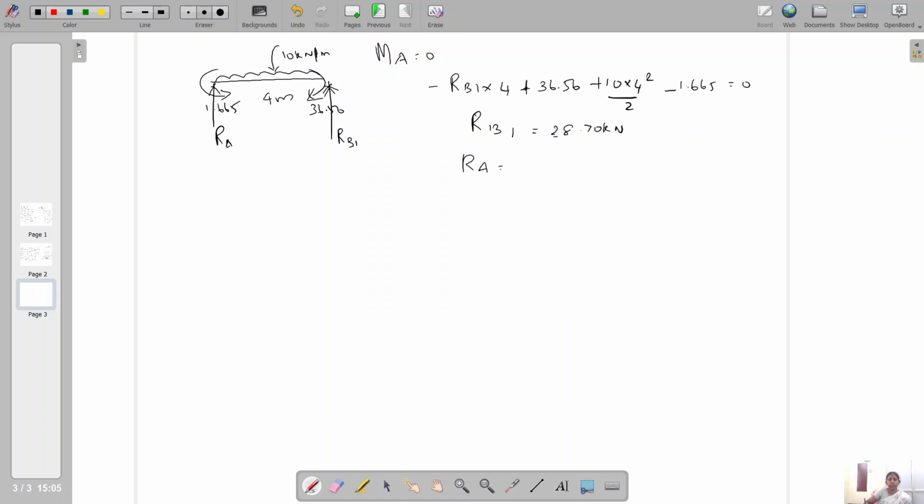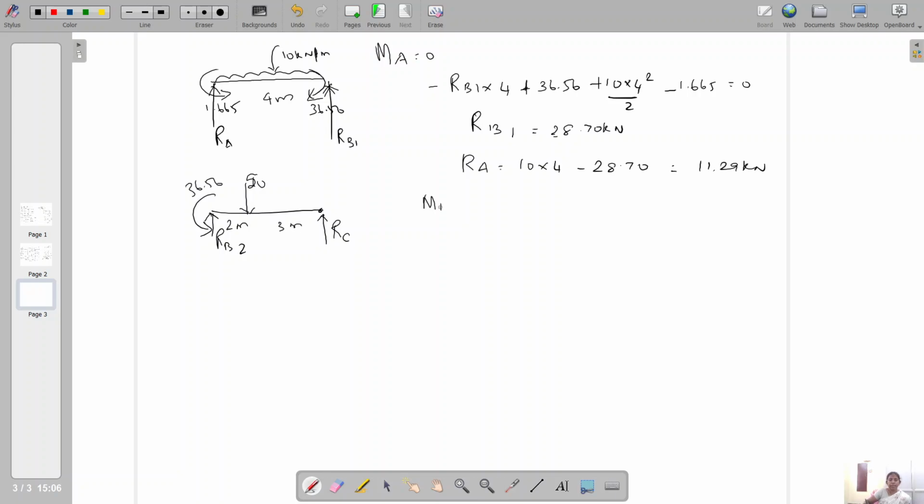Next, RA you will calculate from the total loading minus RB1. So you will get 11.29 kilonewton. So next loading diagram, you consider this is RB2 with a moment value of 36.56. Here the moment is 0, and the support reaction is RC, and the loading is 50 kilonewton at the distance of 2 meter and 3 meter.